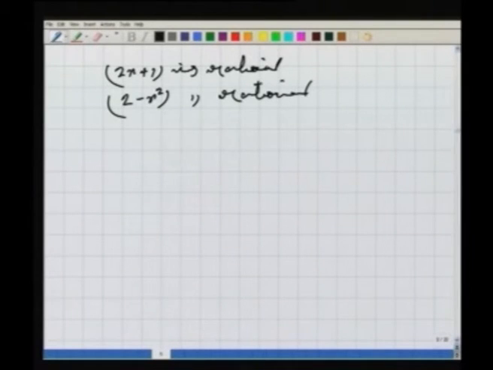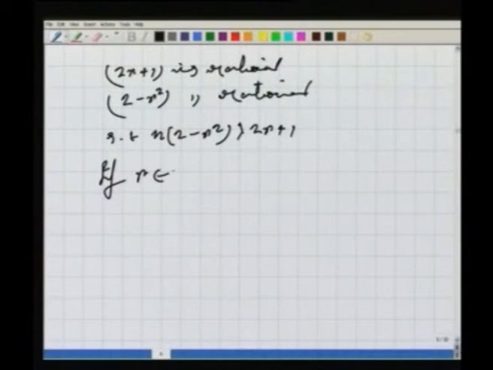Then you can always arrange for an n such that n times (2 minus R square) is strictly bigger than twice R plus 1. That is not very difficult. Well, that shows that if R is in A, this would imply R plus 1 by N is also in A.